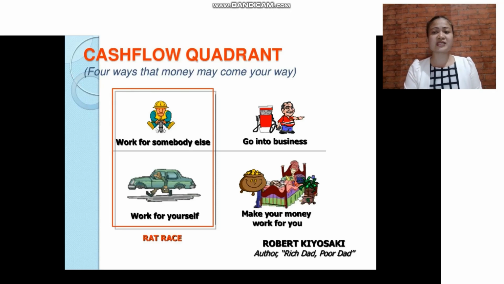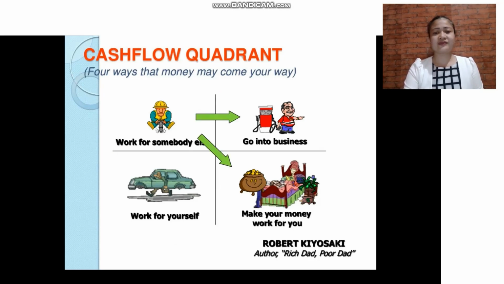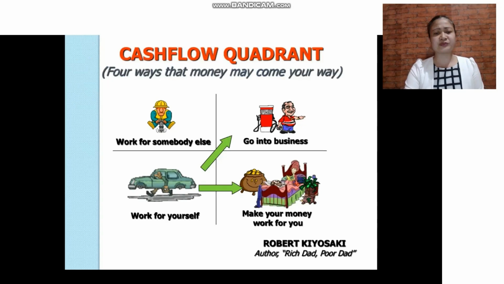Then go into business and make your money work for you. So you can see the arrows, which are options on how to earn money. Again, work for somebody else, go into business, make your money work for you, or work for yourself.